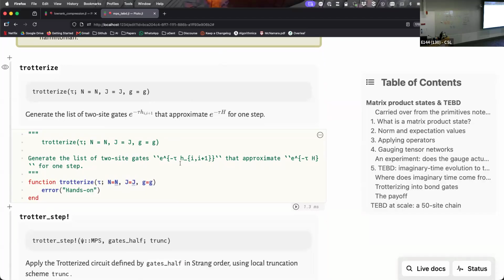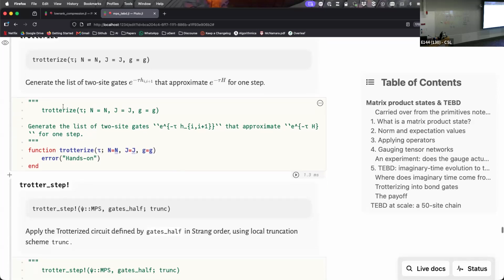Sorry? The method just works for that kind of Hamiltonian, yeah. Nearest neighbor. It needs to be nearest neighbor. You can do next nearest neighbor as well. You can push it a little bit further, but this is more for nearest neighbor. Because it builds on this functionality that we can apply a nearest neighbor gate and truncate back down.